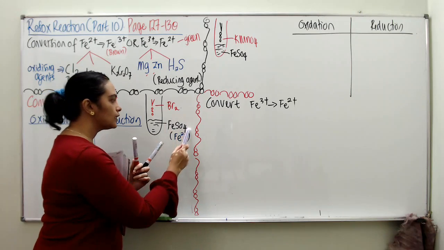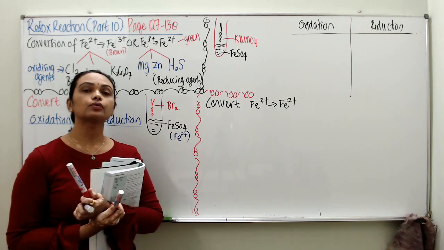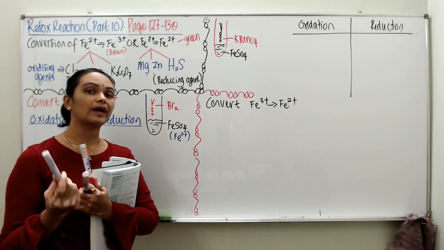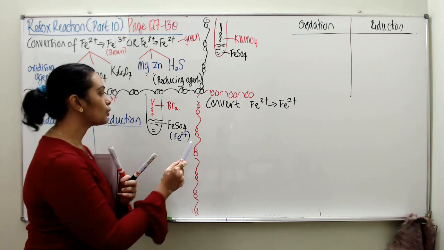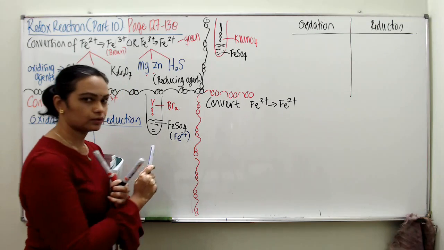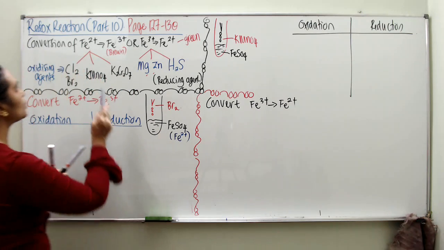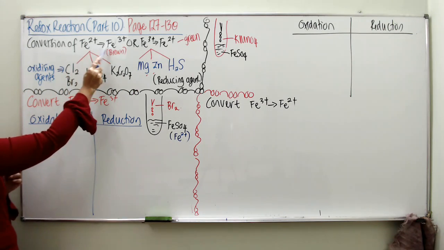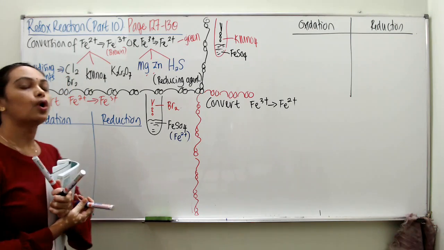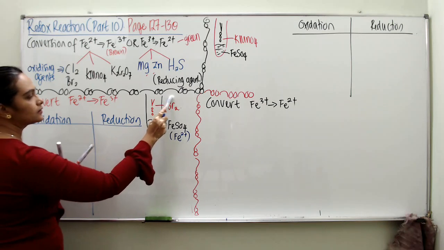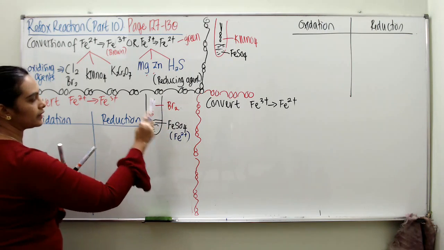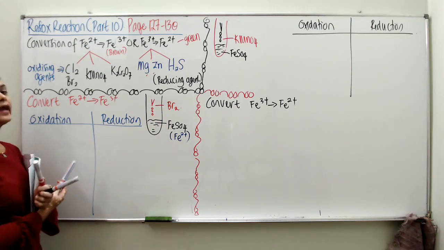Because the molecular formula will give away the clue whether you are dealing with iron 2 ion or iron 3 ion. Since you are dealing with iron 2 ion, obviously your iron 2 ion is going to go through oxidation. So it is correct that teacher uses bromine as an oxidizing agent.